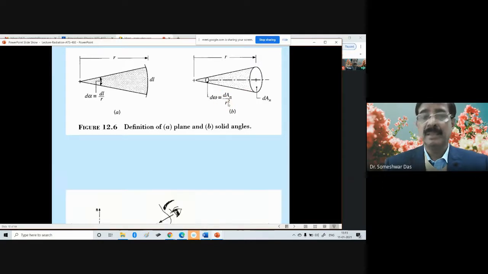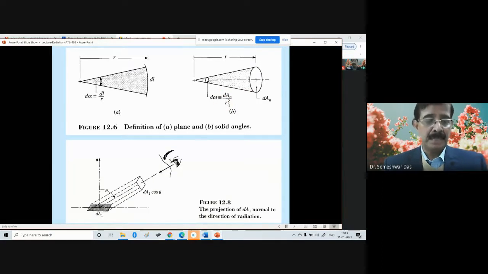Okay. Similarly, suppose you have a plane surface area having magnitude dA1, and this area is emitting radiation. Let us say this is the zenith.